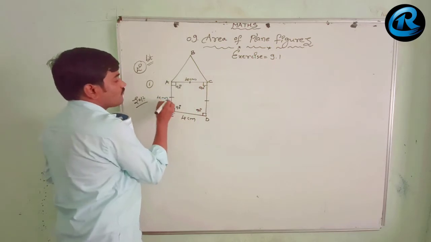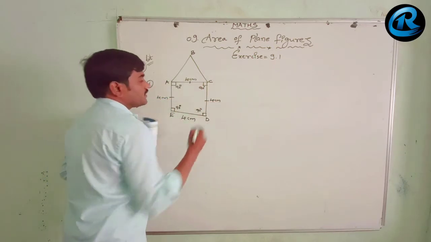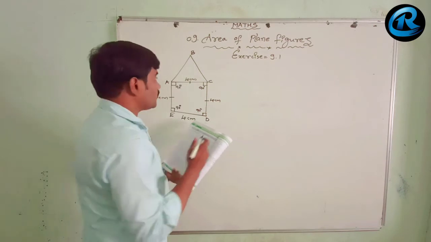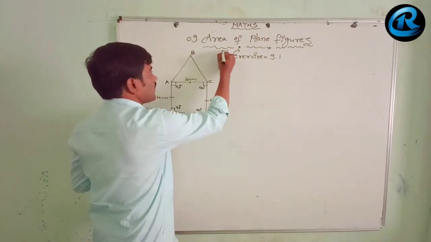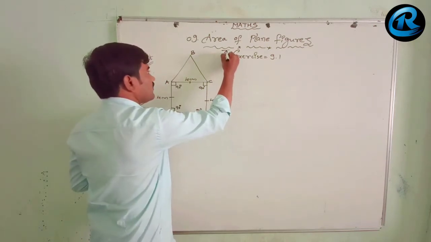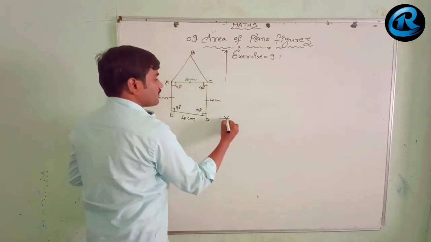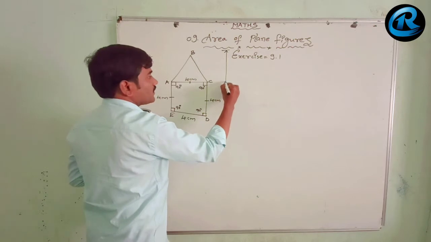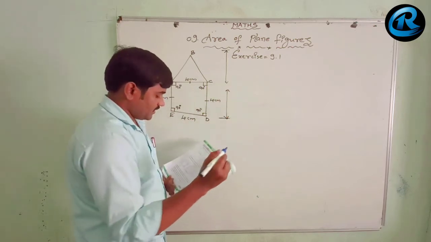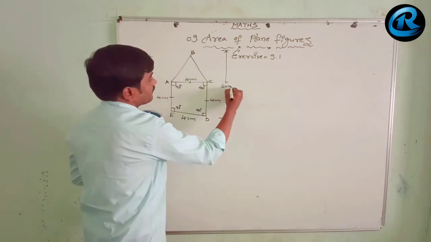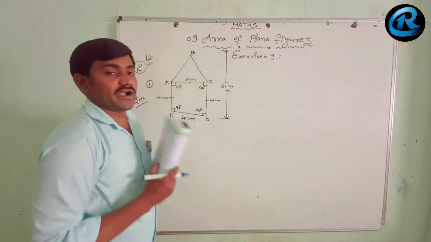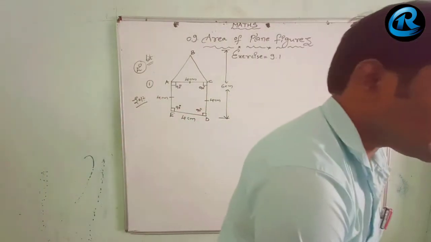Then what will be the total height of this figure? The total height from the bottom of the figure to the top of the figure is 6 centimeter.